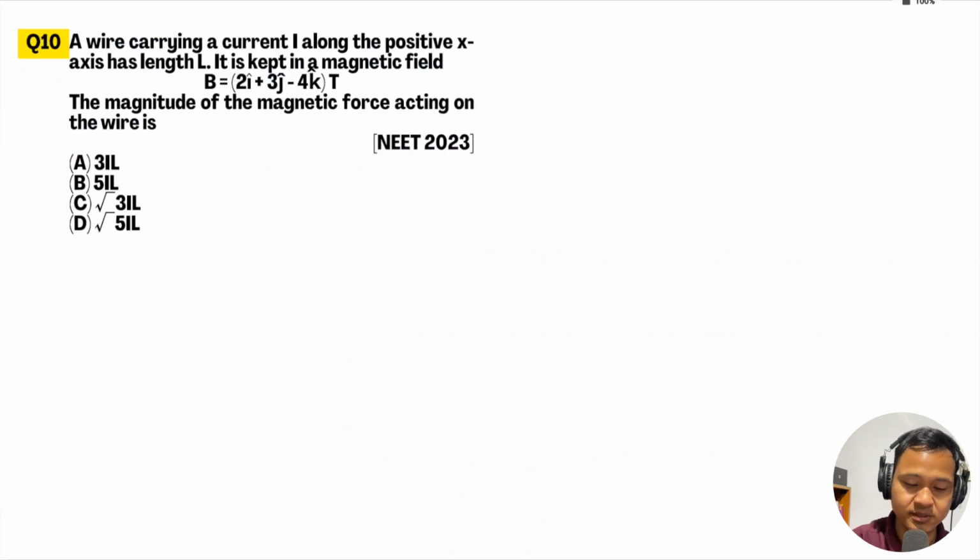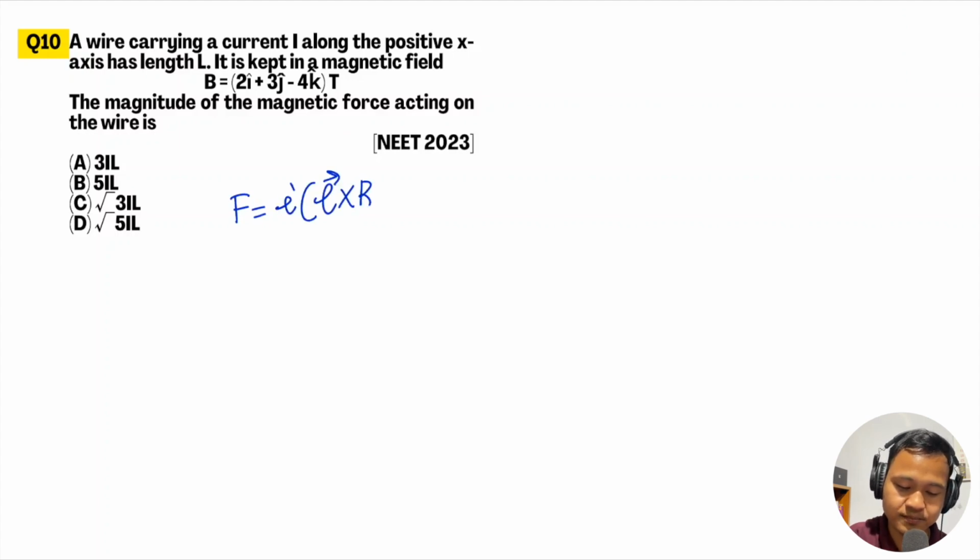Let's solve one question. A wire carrying a current I along the positive x-axis has length L, in a magnetic field B. What is the magnitude of force? Direct formula application: force is I into L cross B. The current is along the positive x-axis, which means L is L I cap.